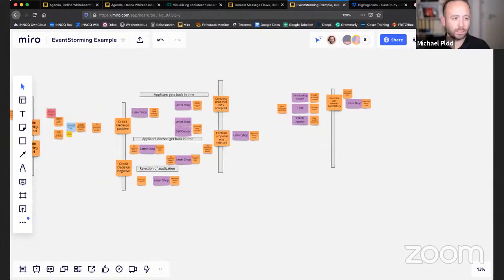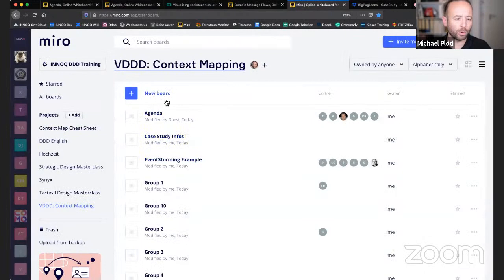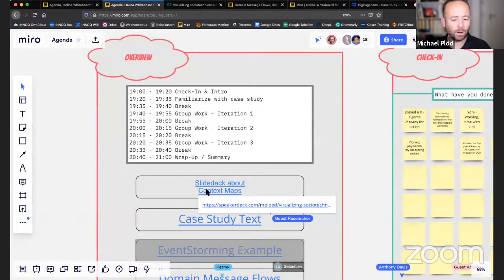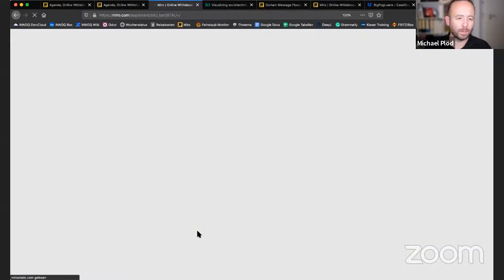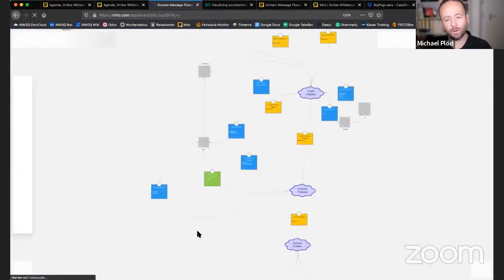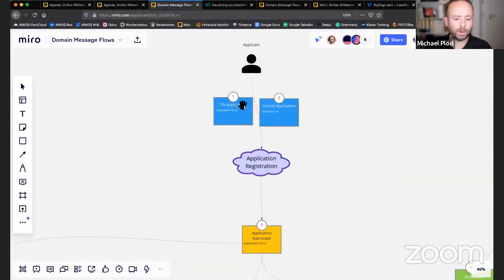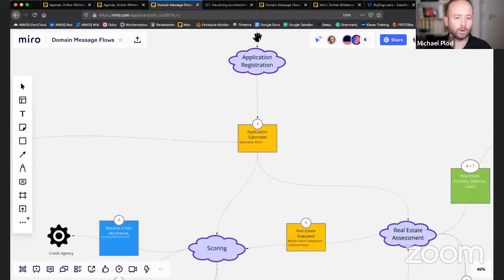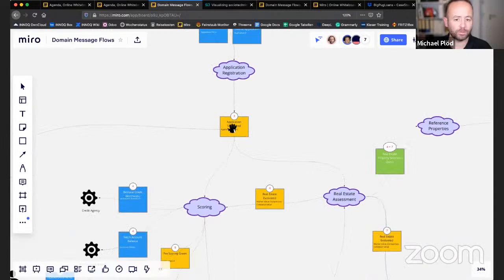So the bounded contexts which we are going to work with are listed in the domain message flows. And basically you can go through that whole story, starting with a bounded context called application registration, where applicants can submit an application, that fires off an event.